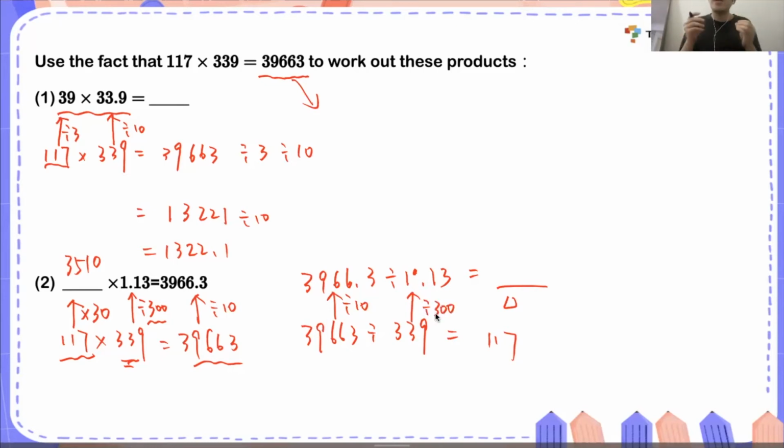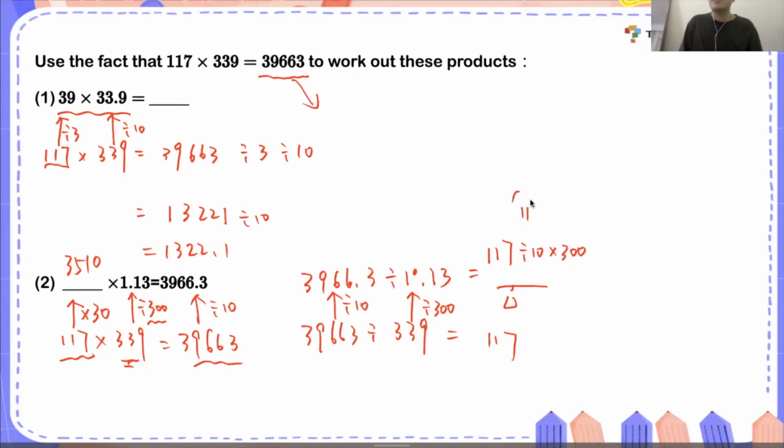Okay, and if we want to find the result for this part, I just first write down this number. From the change on dividends, that is divided by 10, we need to do the same change, that is divided by 10. But when we meet some change on the divisor, we should do the opposite change, right? So we divide by 300, we just need to times 300, right?